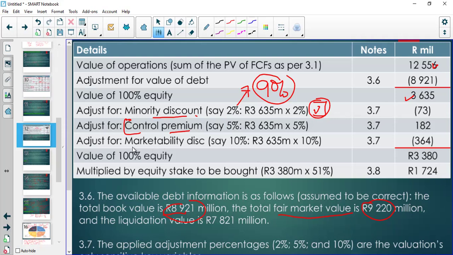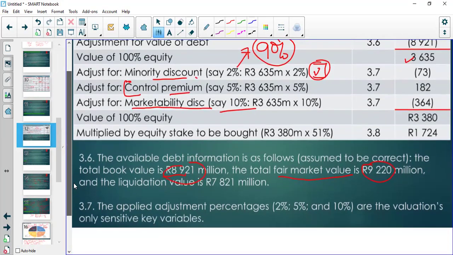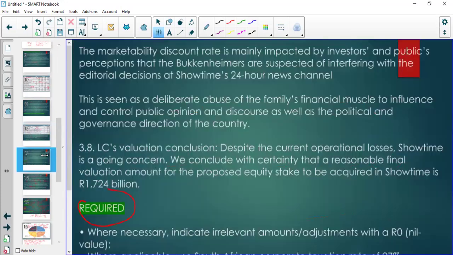I'm not sure if the marketability discount is given, because sometimes they tell you that a listed entity trades at a certain premium above an unlisted entity.